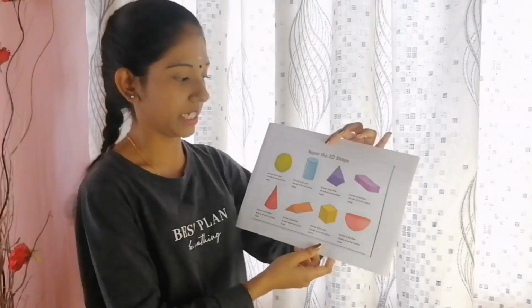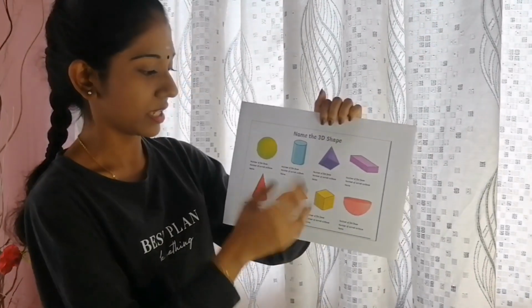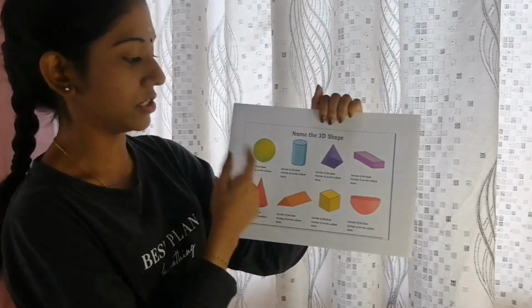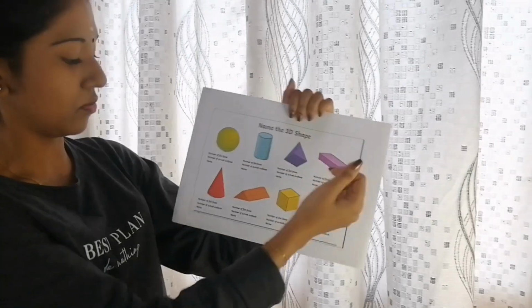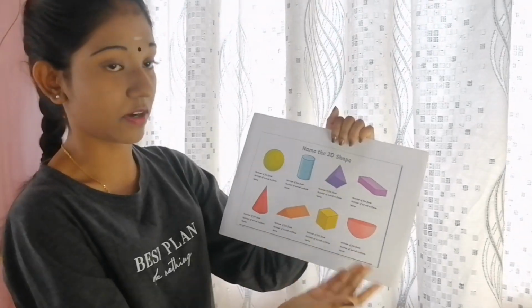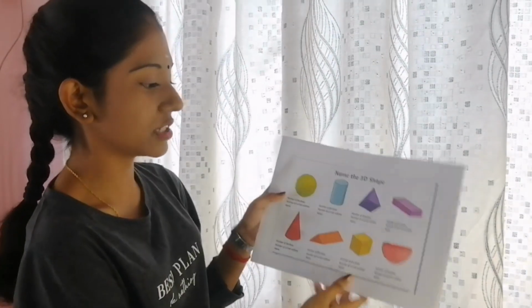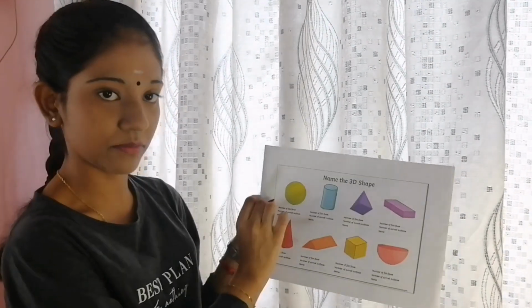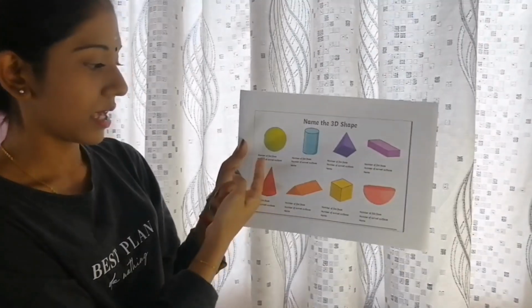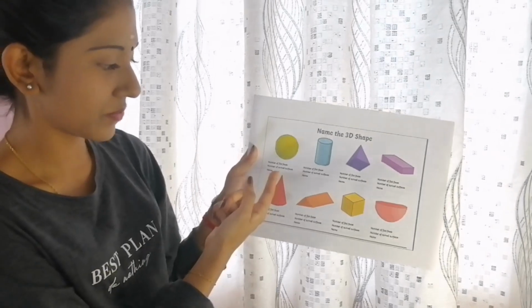So this is the worksheet. There are 8 types of shapes here: sphere, cylinder, pyramid, cuboid, cone, prism and cube. This is a semi-sphere. First of all, students have to name each 3D shape, and then here we have 3 categories.